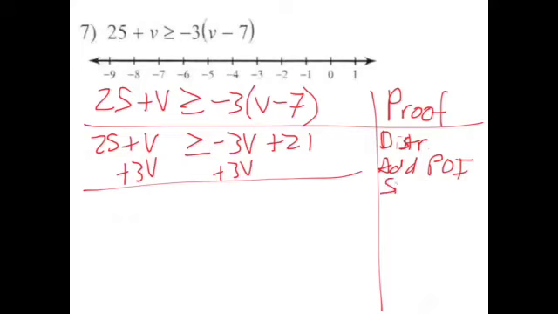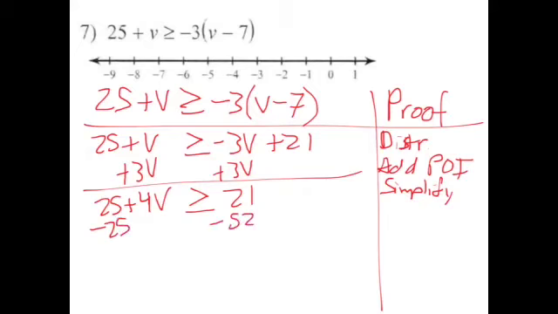If I then simplify, I'm looking at 21 on the right side, and on the left side 25 plus 4v. And if I then subtract 25 on both sides, oh, that should be 25, not 52.